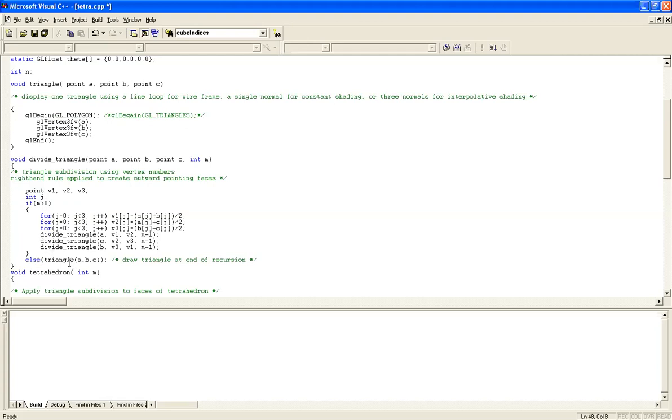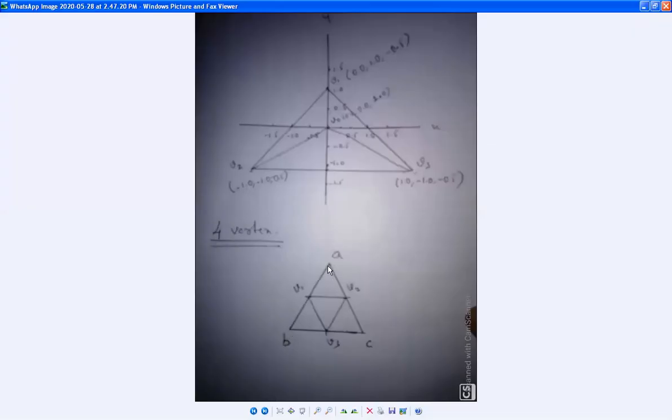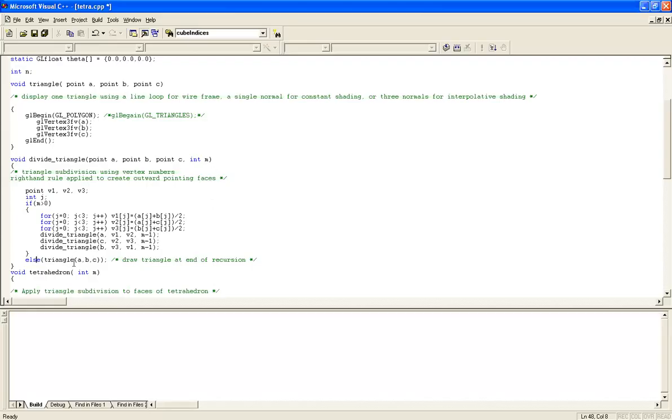There I go for a function called triangle, where I have only 3 parameters. Let me show you here. I am going to go for a triangle with vertices A, B, C, and whenever I call GL_POLYGON, it is combined. The thing is very clear: whenever I give the value of m as 0, I am just going to create a triangle, no divisions.